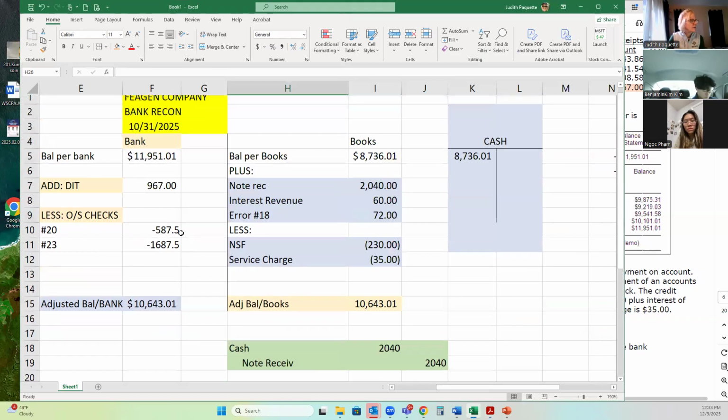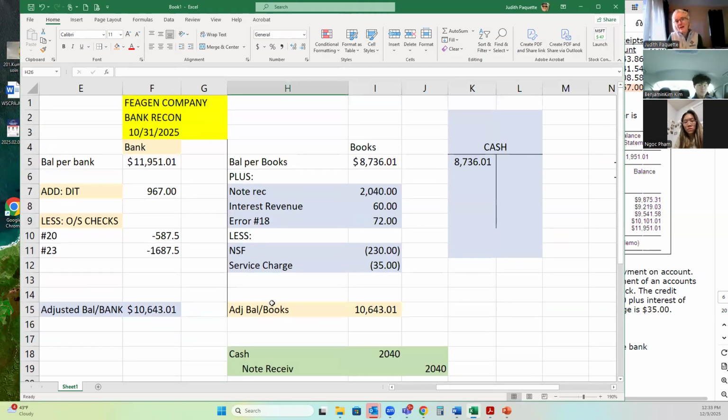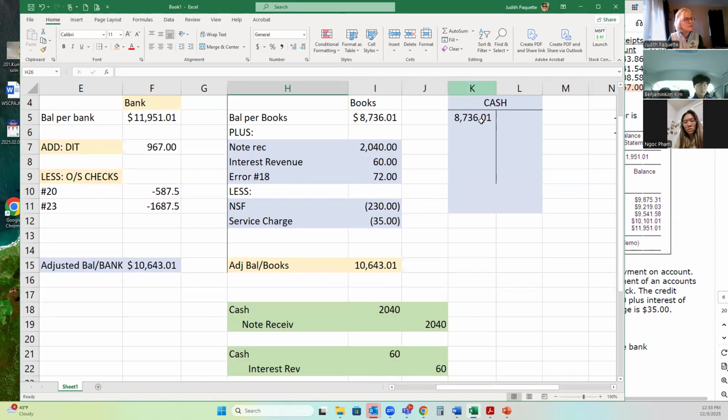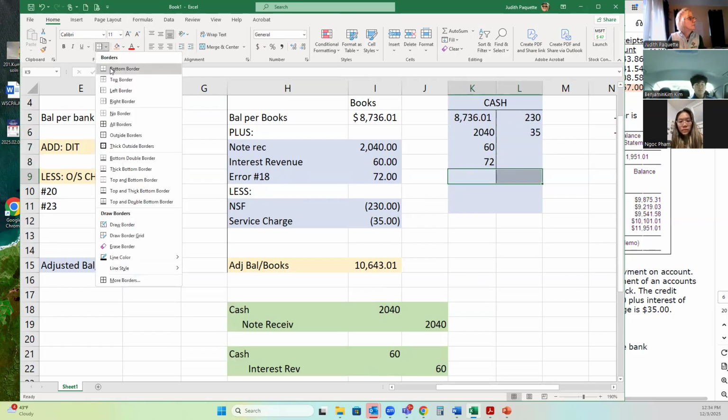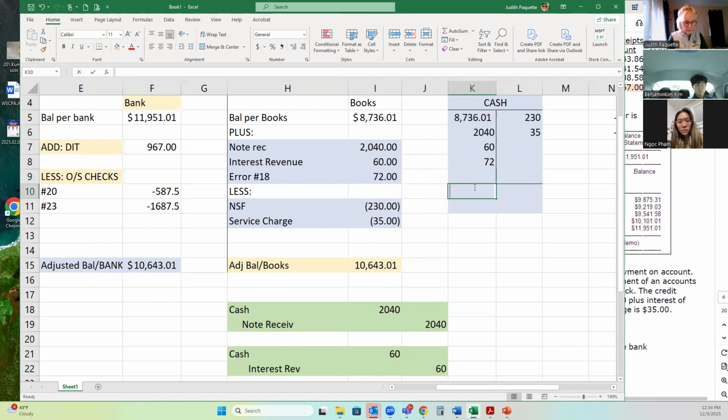So you have your bank recon. Let's say you don't balance. You still know that you have to make correcting journal entries for anything you have under the books. So if I were to post these journal entries to cash, I'm not going to do the full posting, and then I would run a new total, equals sum.